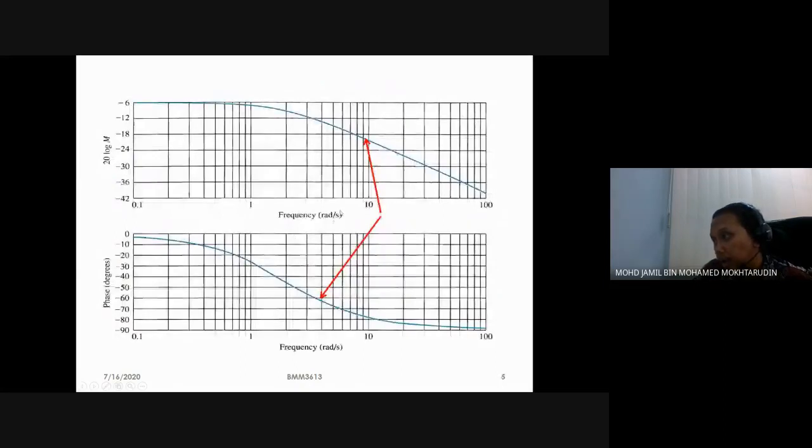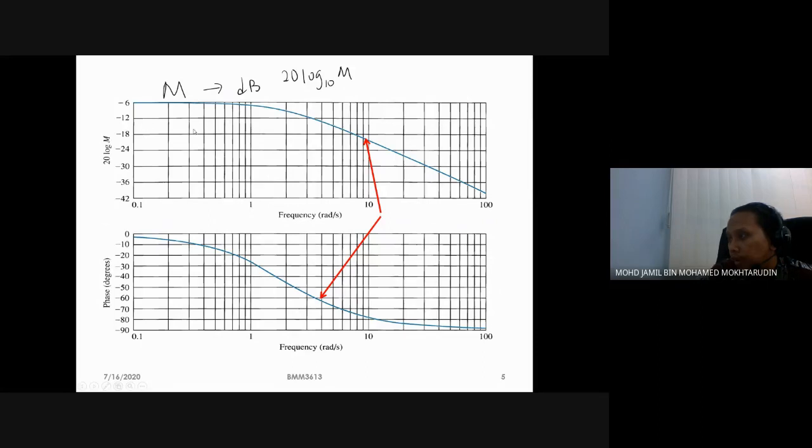Okay, so this is an example of the Bode plot. The top one is the magnitude Bode plot. If you look here, 20 log M is in terms of decibel. So if you want to convert a magnitude M into decibel, you use 20 log 10 M, and you get decibel. If you look at this graph, you can see that the distance on the x-axis varies from very large to very, very small.